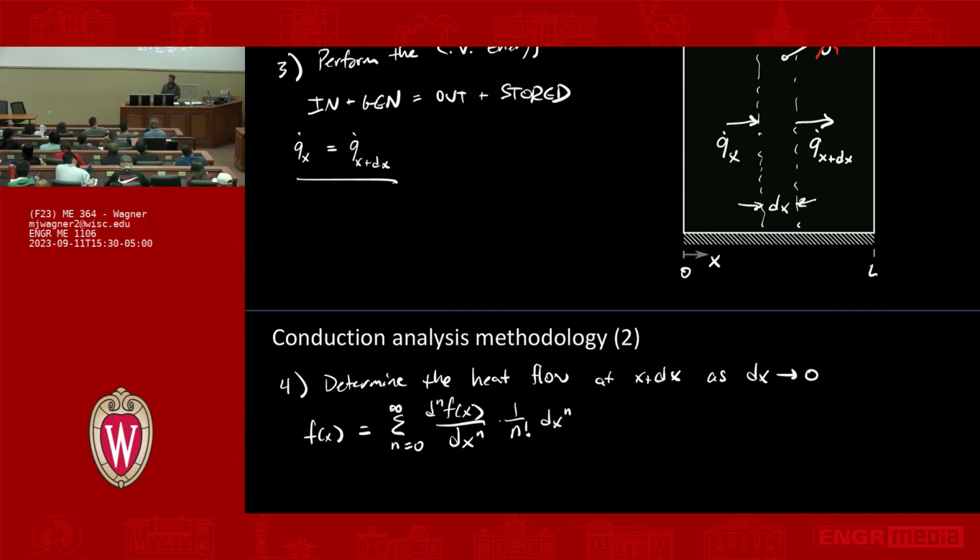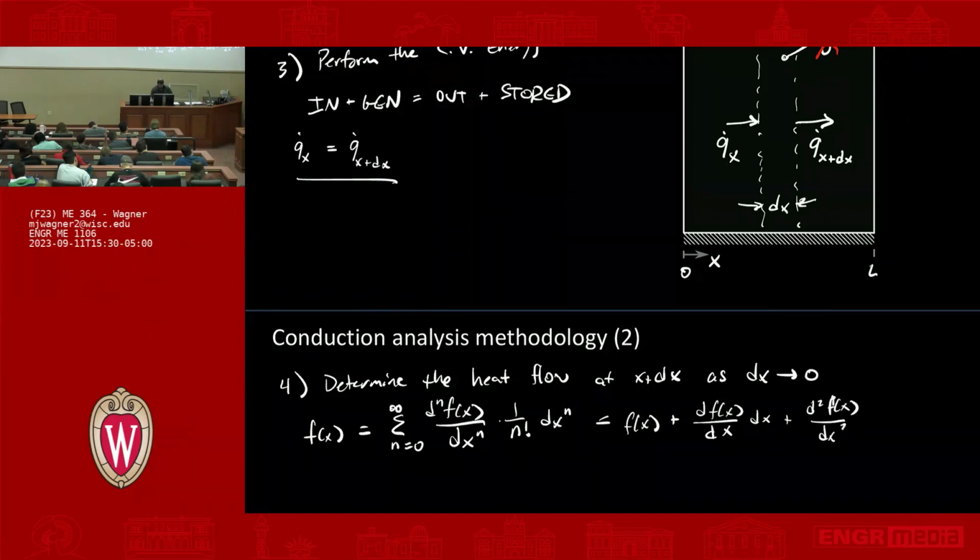So we have the Taylor series. If we write that out, expanding the first few terms, we get f of x plus df of x over dx times dx, right? That's just the first order part of the Taylor series, plus the second order, which is d squared f of x over dx squared times 1 over 2 factorial times dx squared.